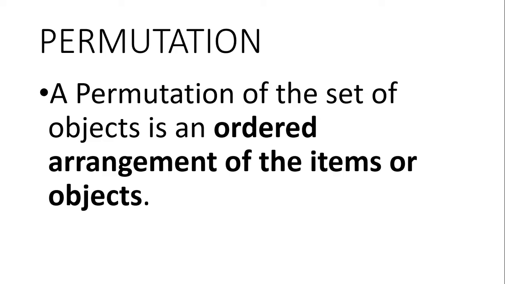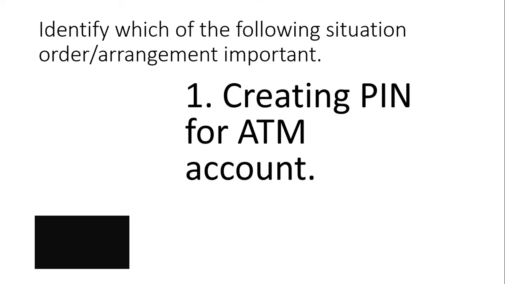Since you already know what permutation is, let us try to identify which of the following scenarios illustrate permutation. You have 10 seconds to decide whether each scenario involves permutation or not. Number 1, creating a PIN for an ATM account. 10 seconds, start now.